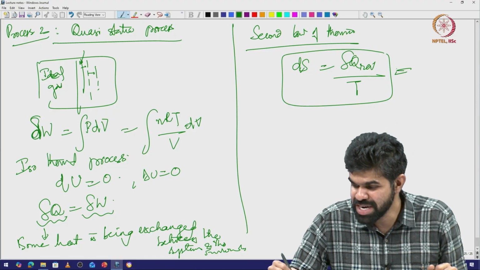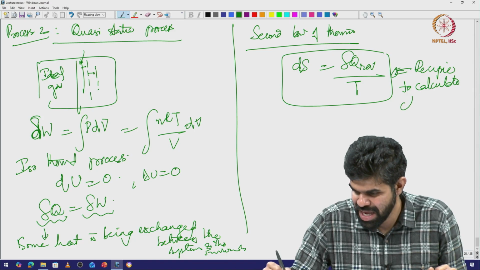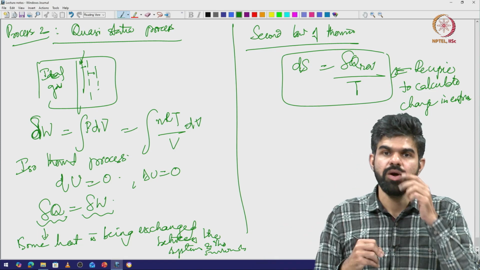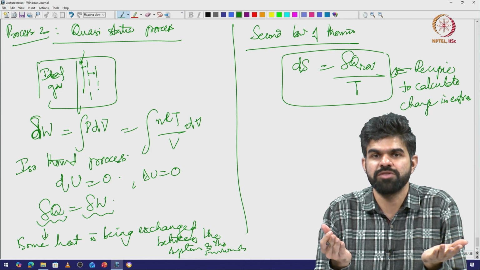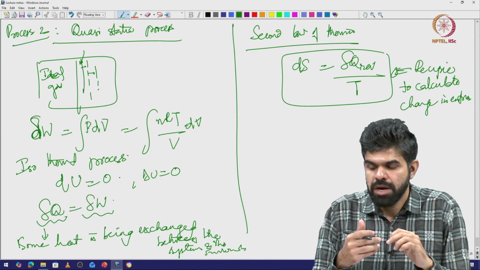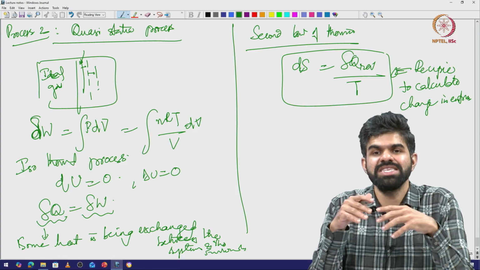So, this is the recipe to calculate change in entropy. Sorry, this is still not the second law of thermodynamics, this is just a recipe to calculate change in entropy.